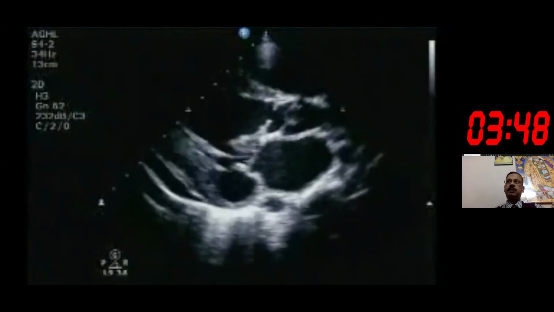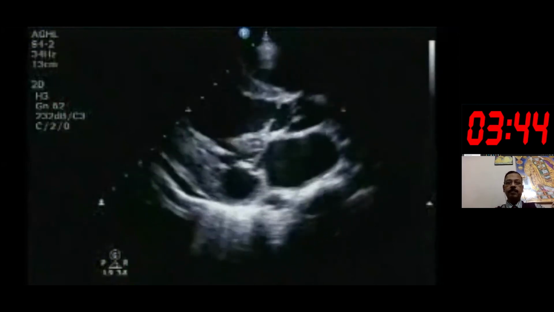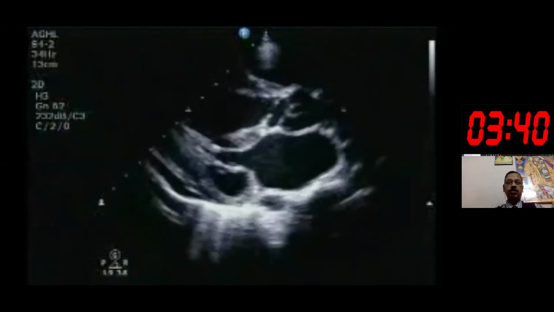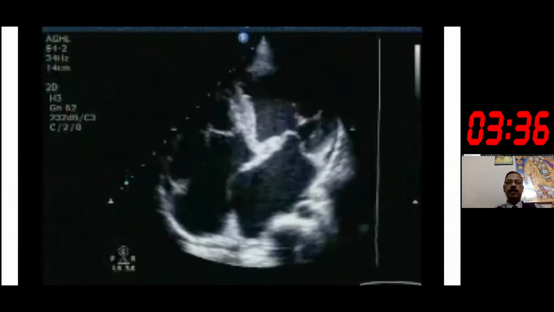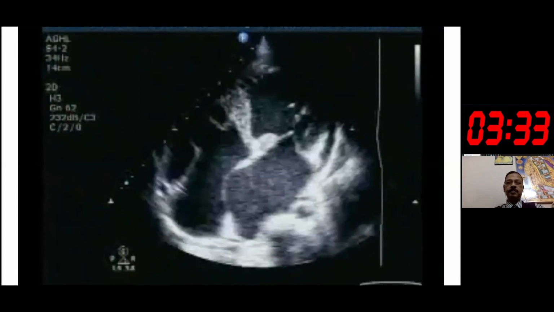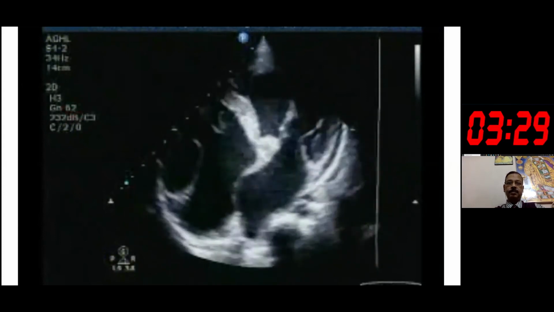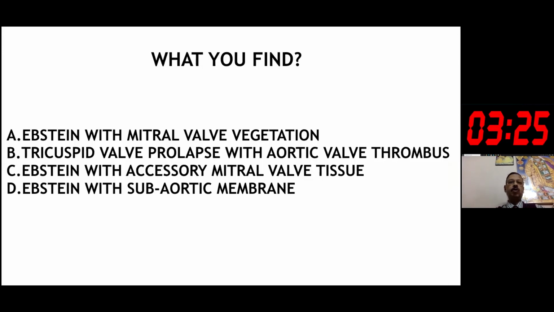There are two clips in this. Look at the clips very carefully. There is more than one finding in those clips, so look at this clip very, very carefully. Well, these are your options.